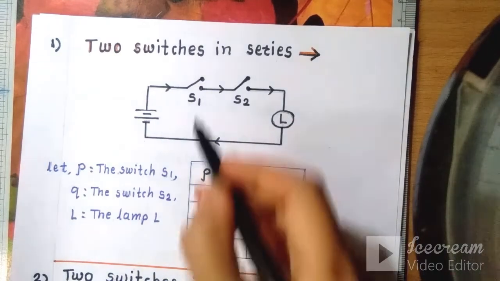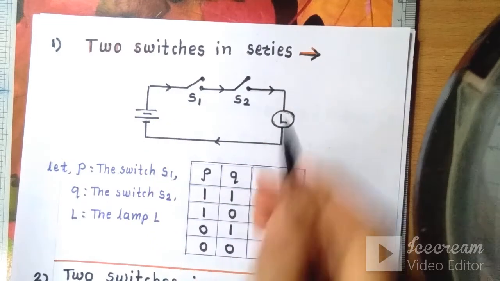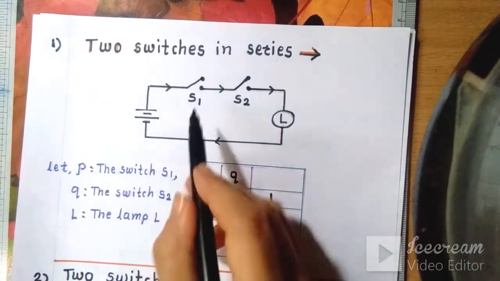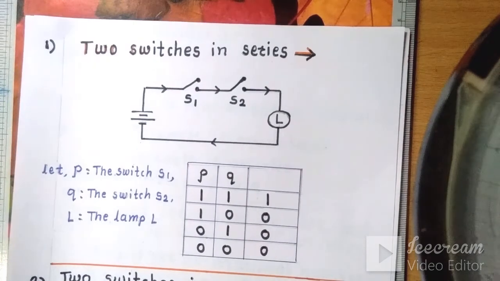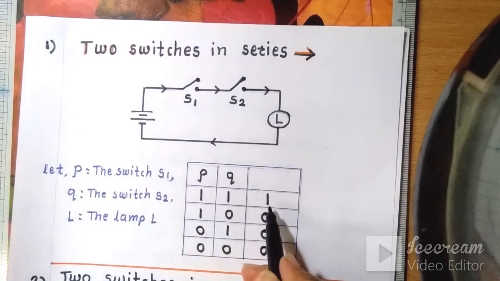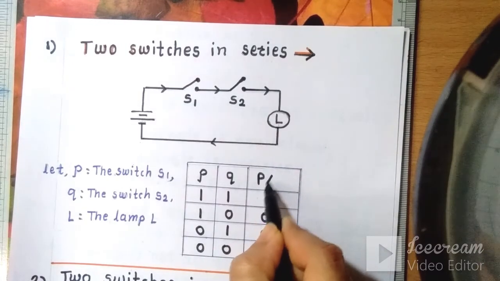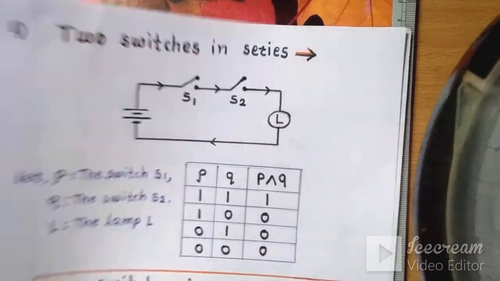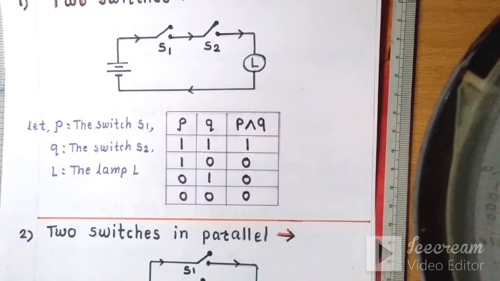So 0. Switch S1 is off, so current will pass up to here only. Lamp does not glow. And when both switches are off, here also 0. So if 1 1 then 1, otherwise 0. That means these switches behave like conjunction. So in series, switches behave like conjunction.